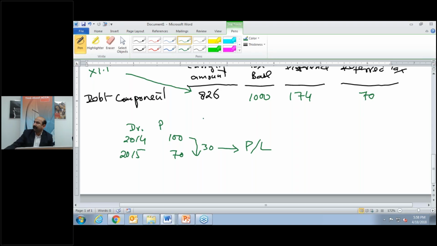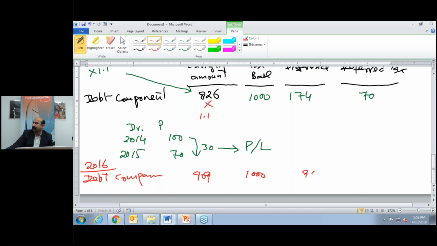Similarly in 2016, the debt component will become 909. Same way, when we multiply this with 1.1, this will give us 909. But from the tax people's point of view, this is 1000.